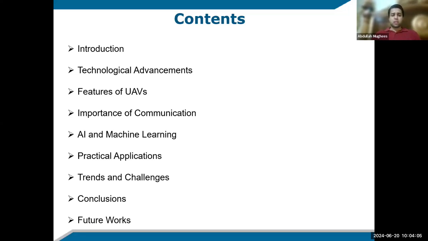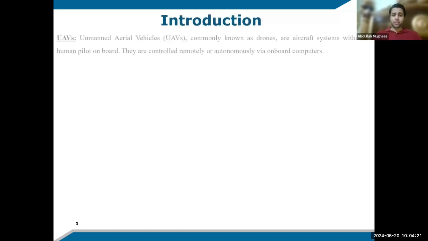And then we'll see the practical applications that the drones are used for, and in which domains they are used for. And then we'll see the trends and challenges, and then we'll finally conclude the presentation with conclusions and future works. So let's get into it.